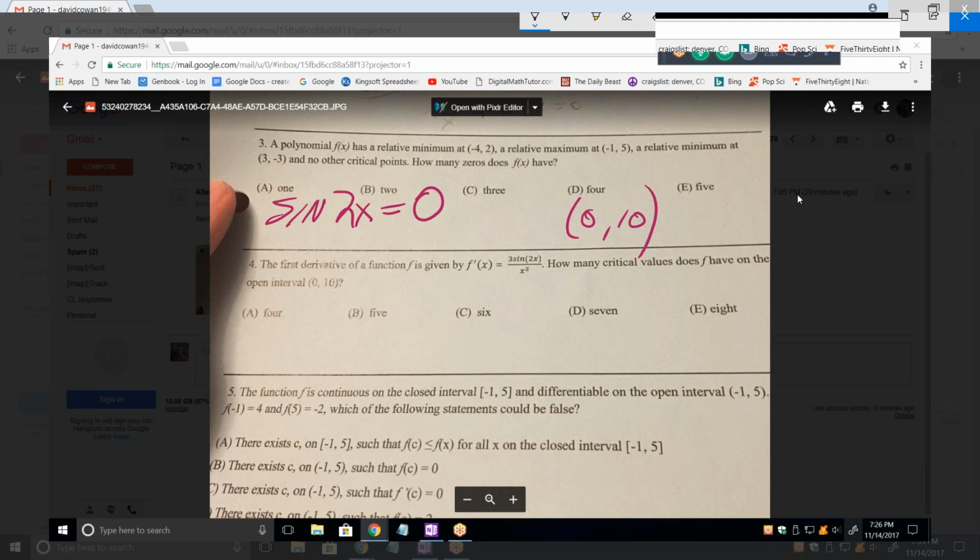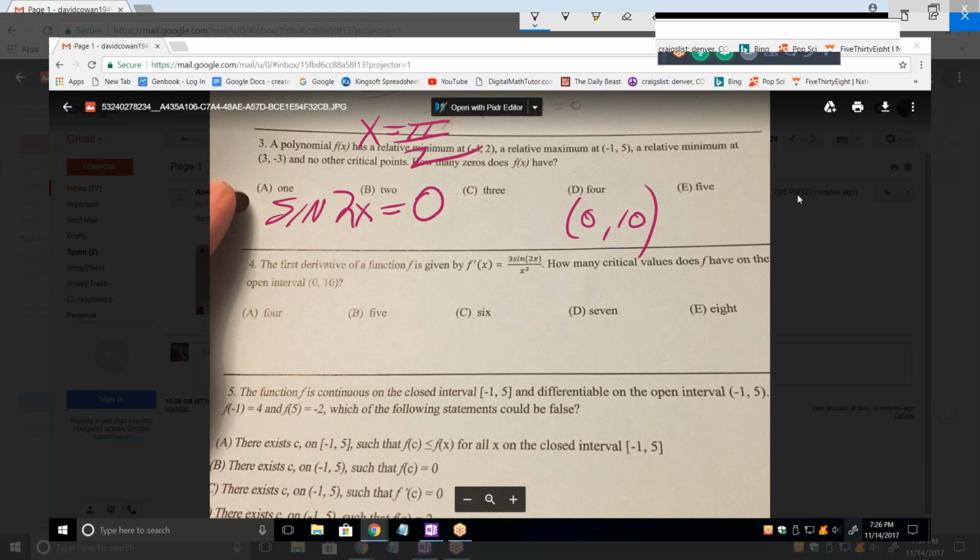Uh-huh. Okay. Well, where does that occur? That occurs when x is 0, which it can't be. But it also occurs when the sine is equal to 0 at pi. So if x were pi over 2, that's 1, because then I'd be taking the sine of pi, which is equal to 0.